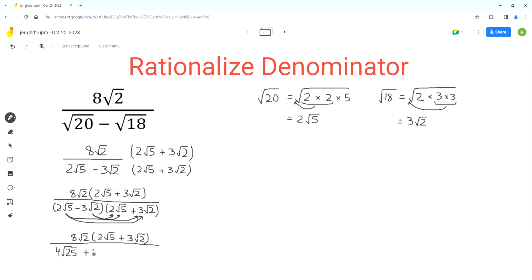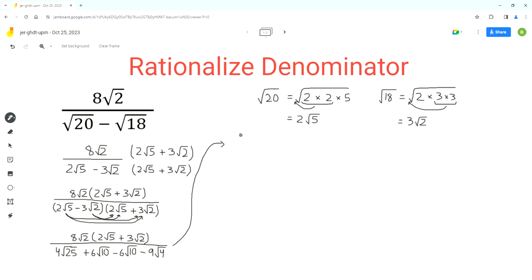So 6 square root 10. So 5 times 2 is 10. And now we do minus 3 square root 2 times 2 square root 5. So we get minus 6 square root 10. And then we do minus 3 square root 2 times plus 3 square root 2. So we get minus 9 square root of 4.